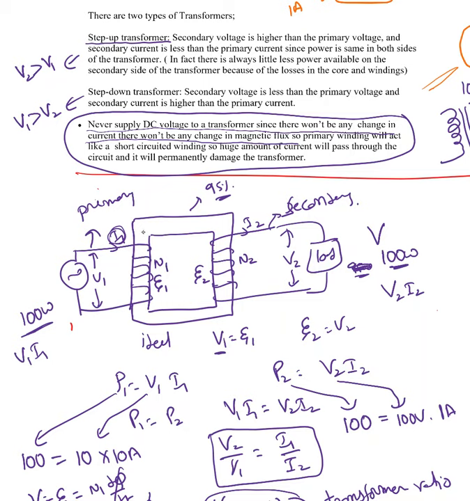So it will produce a constant magnetic field, a constant magnetic flux passing through this cross-sectional area. There is no rate of change of magnetic flux, so there won't be any induced EMF across this coil. So E2 is going to be 0. This will act like a short circuit and lots of current is going to pass through the transformer. It will damage the transformer. So never ever connect a DC supply to a transformer.